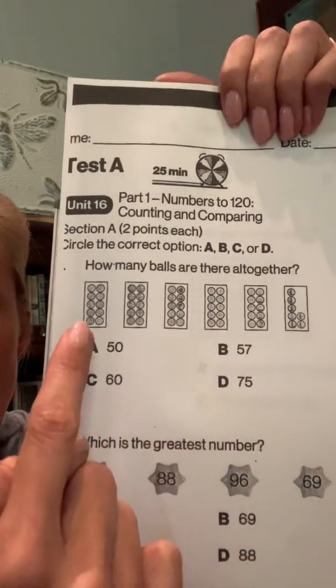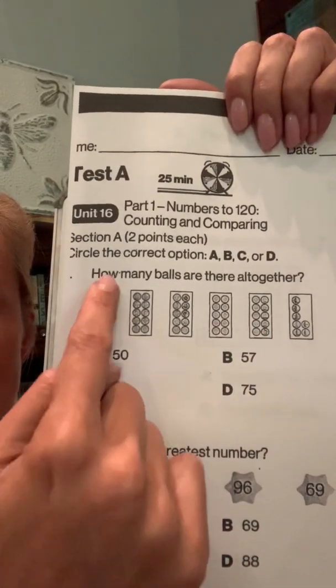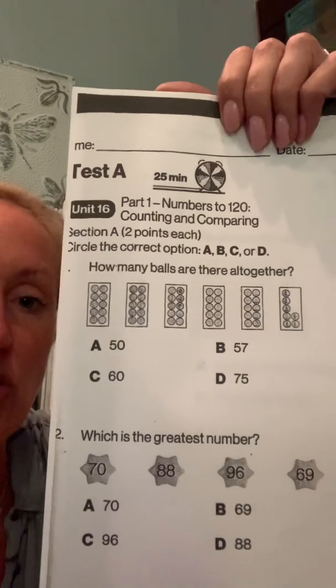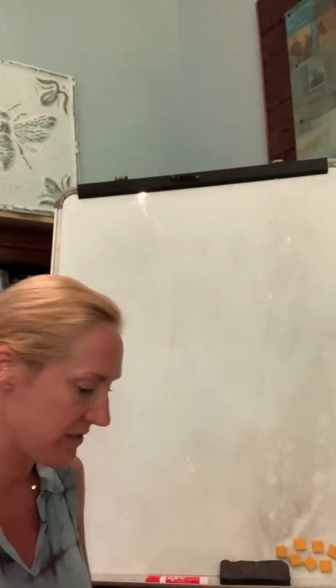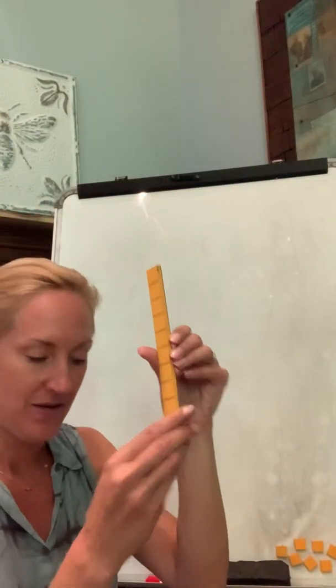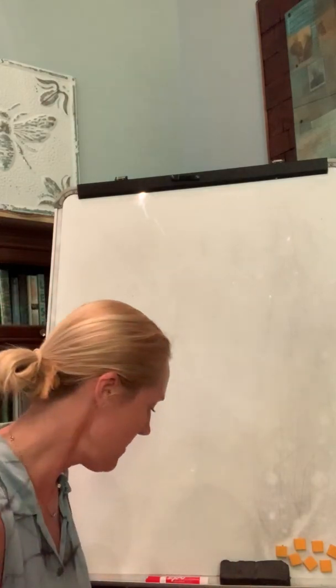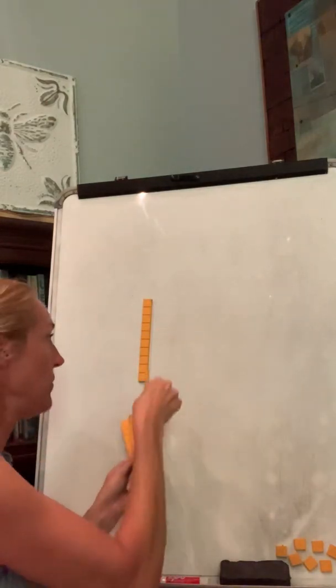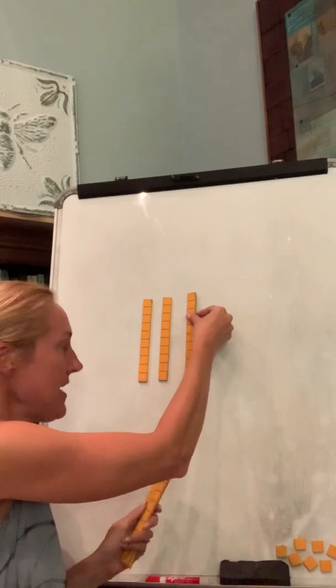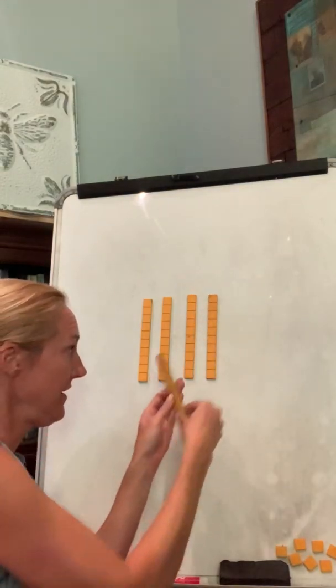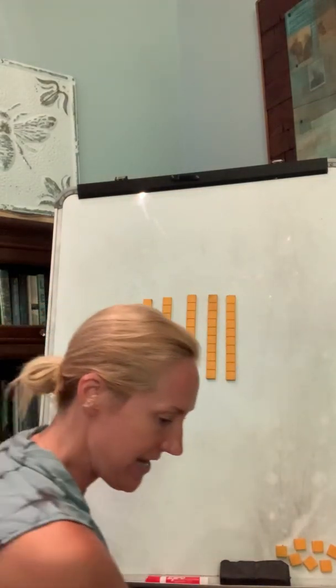How many are in each group? Well, if you count them, there are 10. These are groups of 10, just like our 10s that we use, like this. Okay? So it has 1, 2, 3, 4, 5 groups of 10.